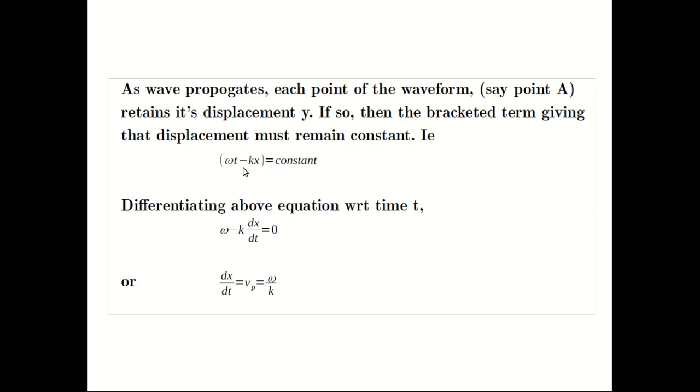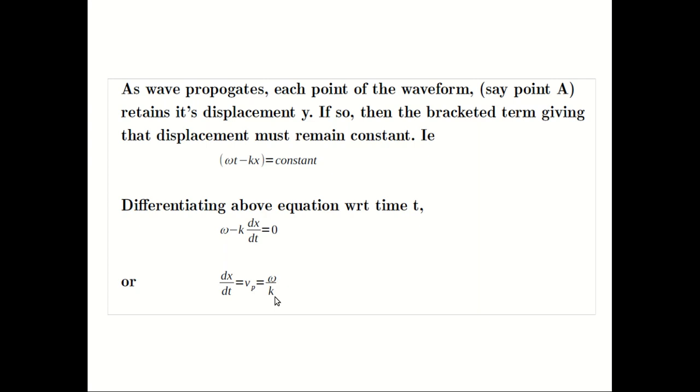Taking the derivative of this equation, we will get omega minus k dx by dt equals 0. So, the expression for dx by dt, which we call the phase velocity, is found to be equal to omega by k.